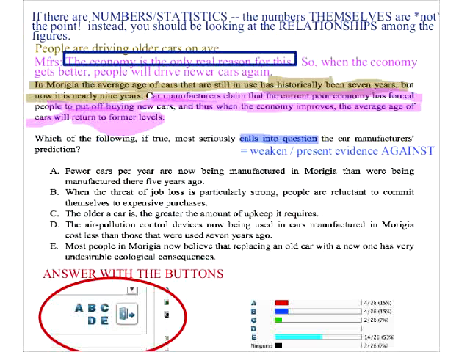So, okay. A is not really a strengthener or a weakener because A is not related directly to this. With the fewer cars being manufactured, there's just way too many variables going on there. First of all, we're just talking about the cars that people drive. That doesn't have to mean cars that are manufactured in the country.